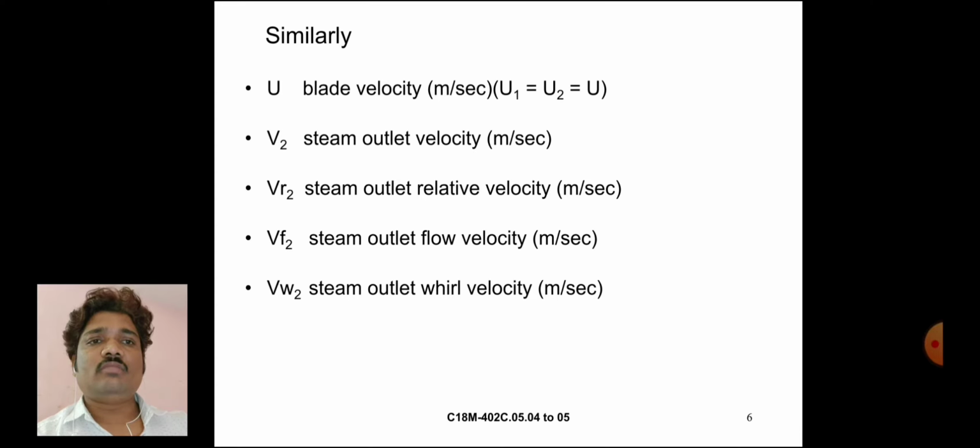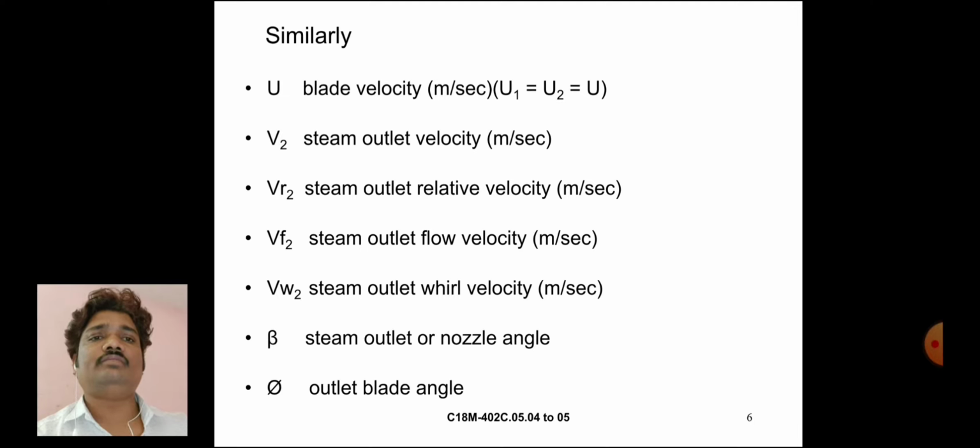VW2 is the steam outlet whirl velocity, meters per second. Beta is the steam outlet or nozzle angle. Phi is the outlet blade angle.